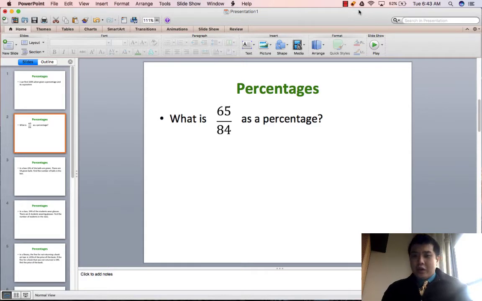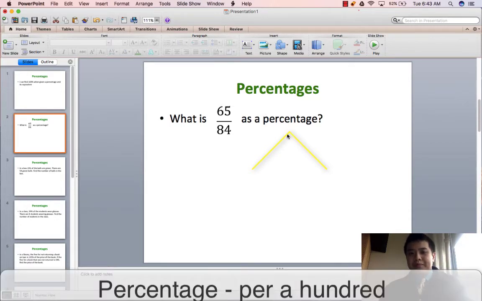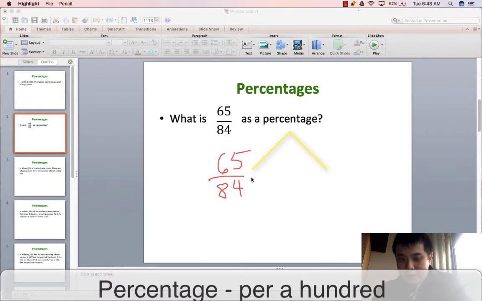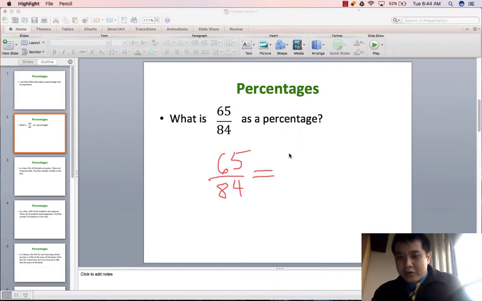So let's first review what it means to have a percentage. Percentage means per 100. We don't know what 65 over 84 is as a percentage. However, we do know that 65 over 84 equals something over 100, because percentage again means over 100.